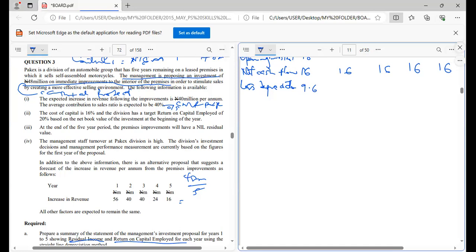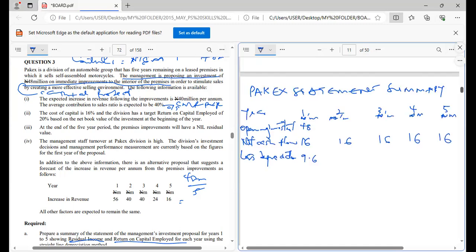And because this is an investment, it is assumed that the investment has started, that there has been an improvement on the leasehold assets. That means in year 2, the value of that investment will be 48 million minus 9.6 million. What would that give me? 38.4.